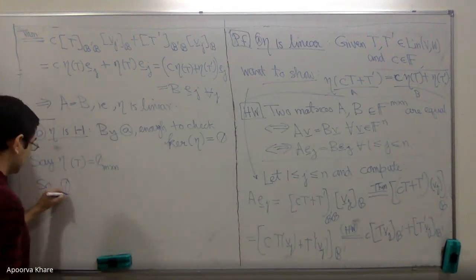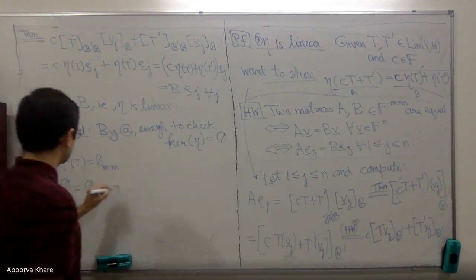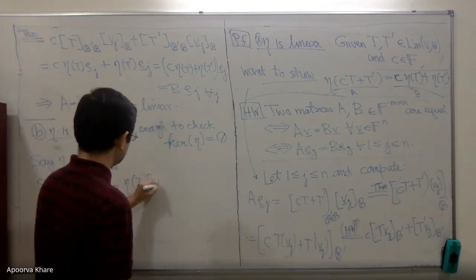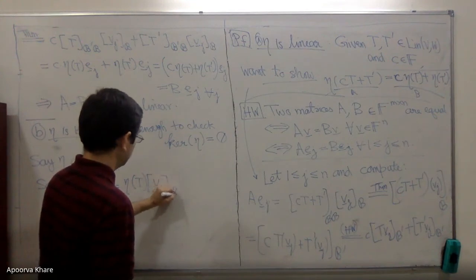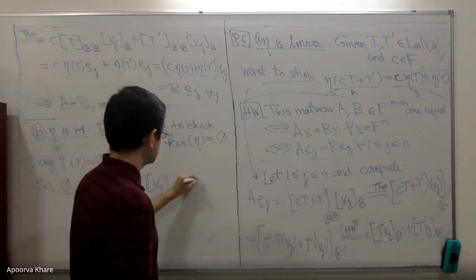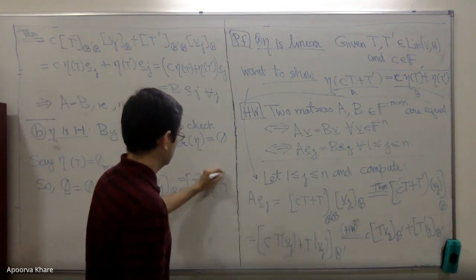So the 0 vector is 0 matrix times ej. But that is the same as eta of t times vj b. But what is eta of t? Again, this is equal to t b prime b vj b.